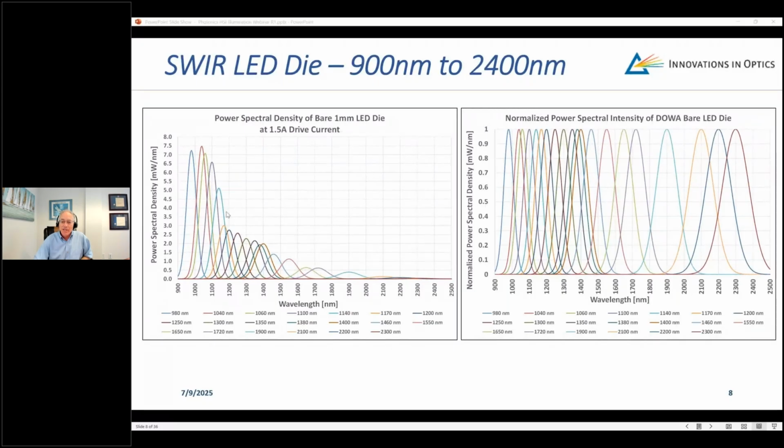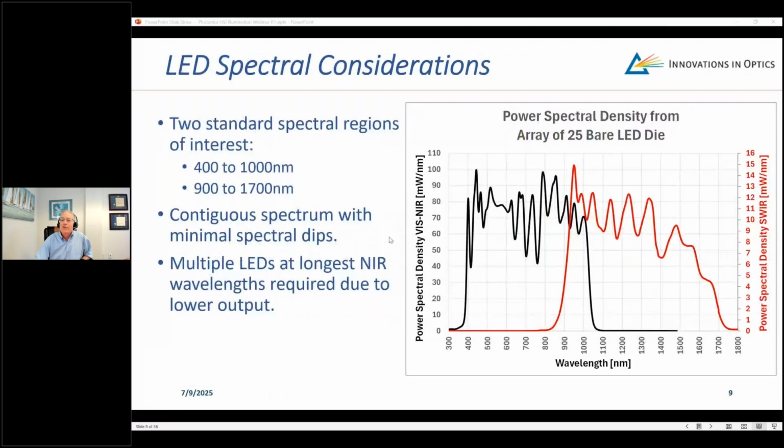But you can see the power drops off pretty sharply, so that out at these longer wavelengths, you would have to use multiple LED dies to get the intensity of those up. And here are two different spectra for those two different regions, the 400 to 1,000 and 900 to 1,700. Notice that the scales are different.